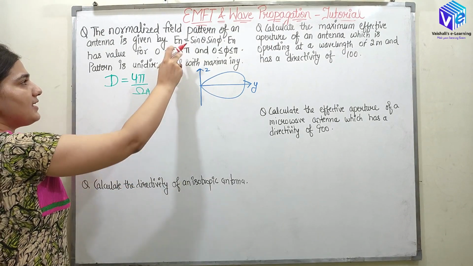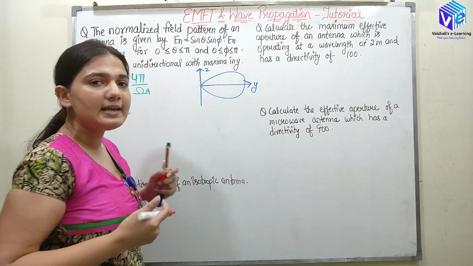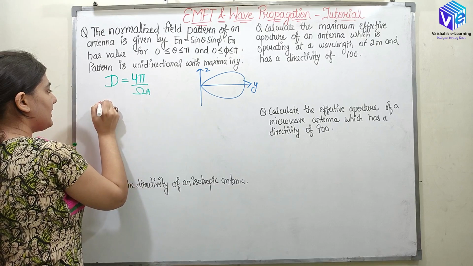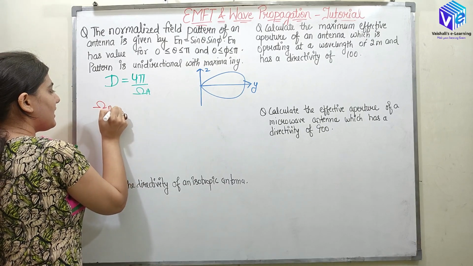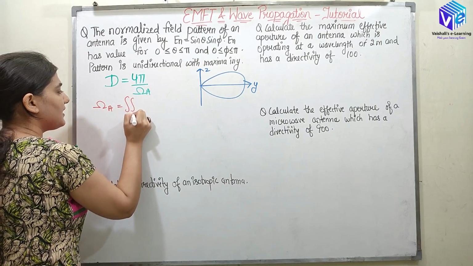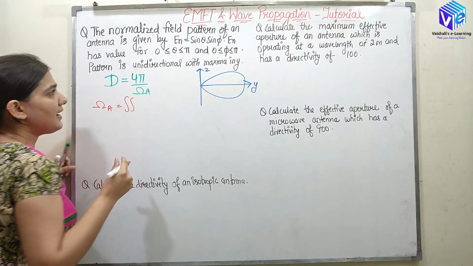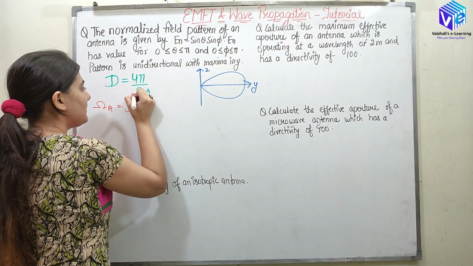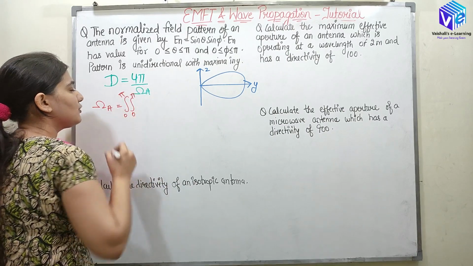For beam area I know what my En is, so I will be using the formula of En. Beam area is given as the integration over theta and phi. The integration limits of theta and phi are 0 to pi and 0 to pi.